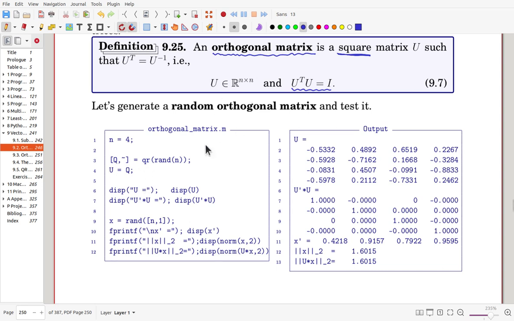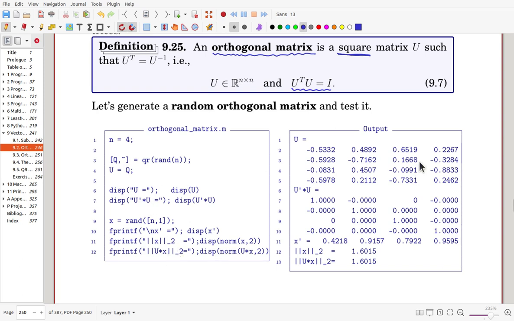We are using the U notation, so after getting it, we change it into U. Then we print out the matrix U, and U transpose U must be identity. And here we get a random vector, print it out, and check the norm of x and the norm of Ux. It's norm preserving, so the output must be the same, right?